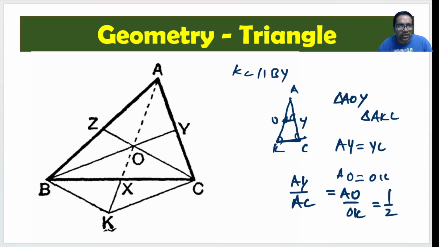Now, in triangle ABK, this line is joining the midpoints of two sides. Obviously, what does that mean? This should be parallel to this one. We already know this also: a line joining the midpoints of two sides is parallel to the third side. This is also one elementary theorem.